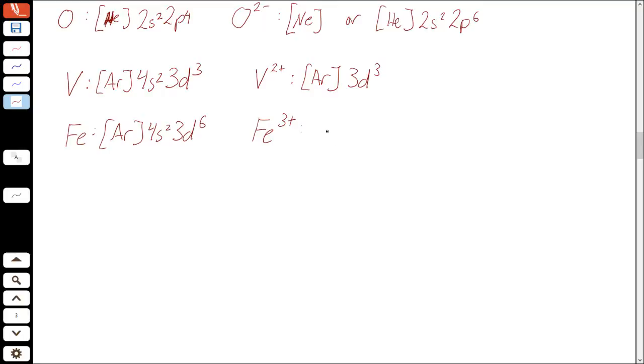In the iron +3, you would remove the 2 s electrons, the 2 4s electrons, and then you'd also remove one of the d electrons, because you have to remove 3 electrons to make a +3 ion. So we have 3d5. All right, so that's how you write electron configurations of ions.